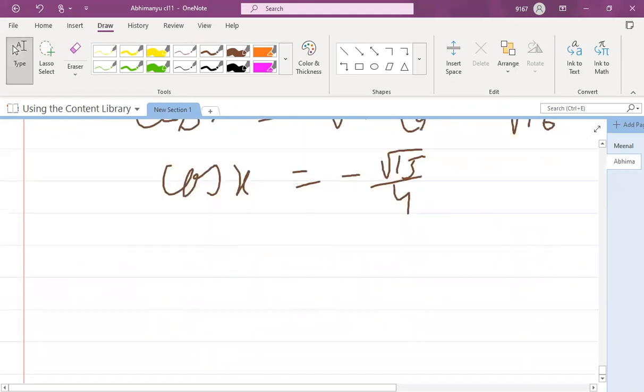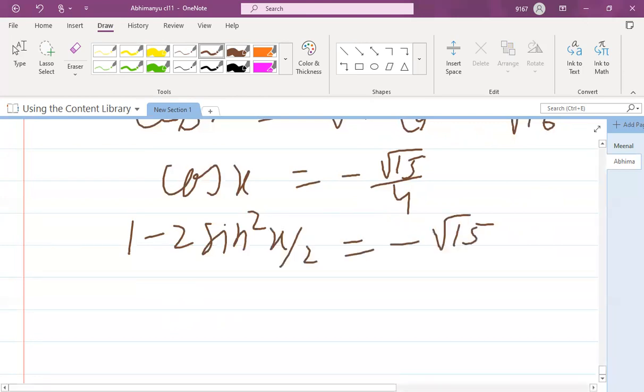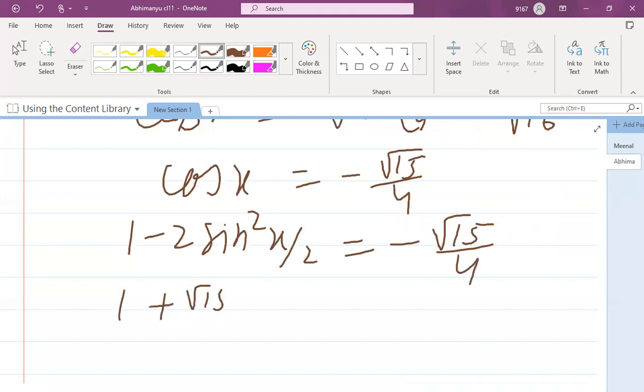Now, using half angle formula for cos x, so we have cos x equals to 1 minus 2 sine square x by 2 equals to negative root 15 by 4. So 1 plus root 15 by 4 equals to 2 sine square x by 2.